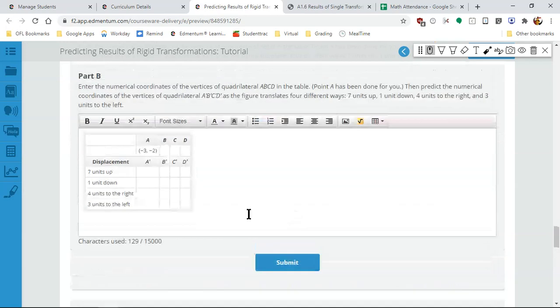So now what I'm going to do here is I'm going up 7. So if I were to guess, I'm going to say that this stays the same, comma, we're going to add 7 to my 2. Well, I have 2 negatives and 7 positives.